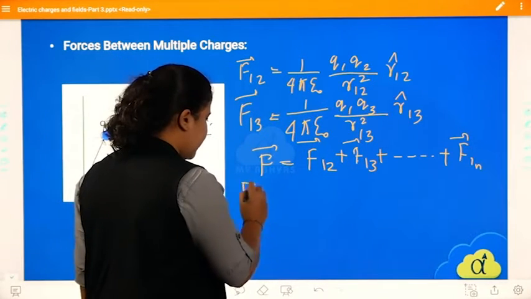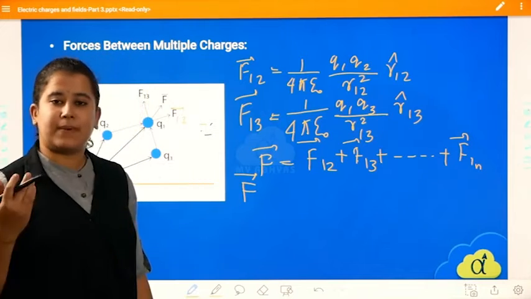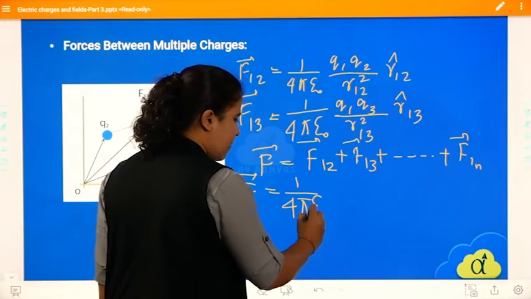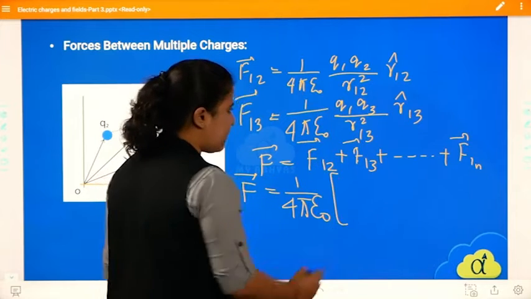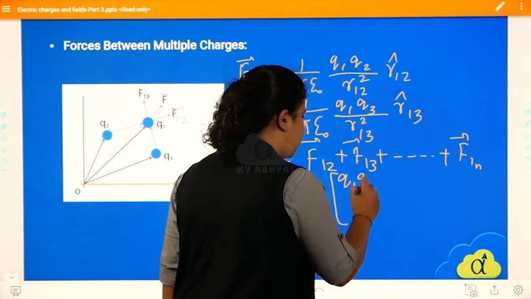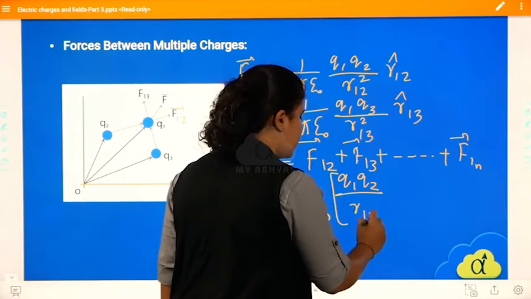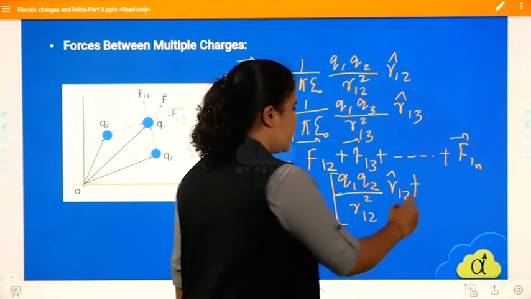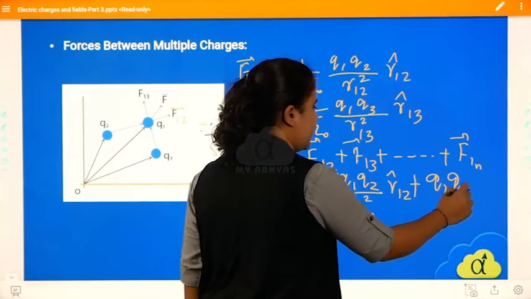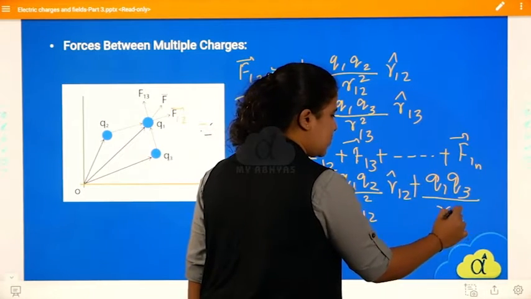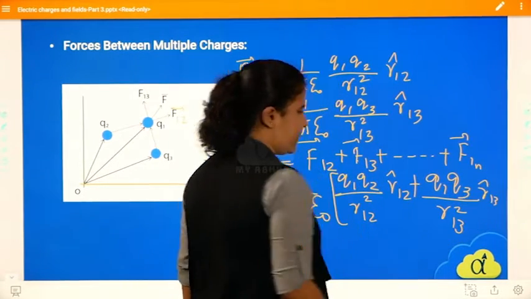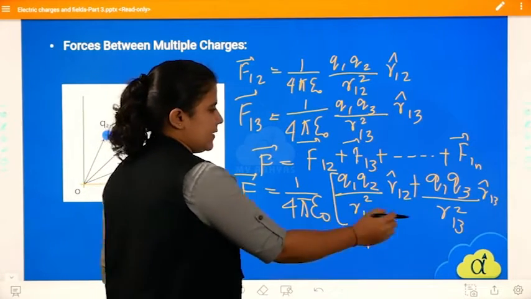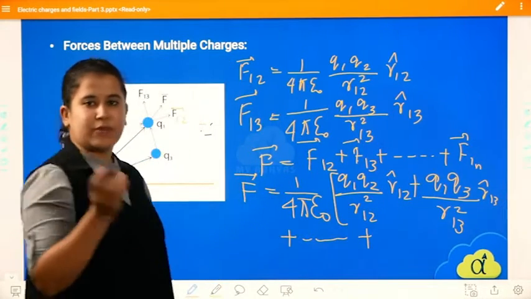So when I put this formula in, what do I get? I get the resultant force, that is the force between the multiple charges, as 1 divided by 4 pi epsilon naught, which I'll take common from both the cases. What remains inside is Q1 Q2 divided by R12 square into R12 cap, plus Q1 Q3 divided by R13 square, R13 cap, plus so on till, see here, Q1 has been constant in both the cases.